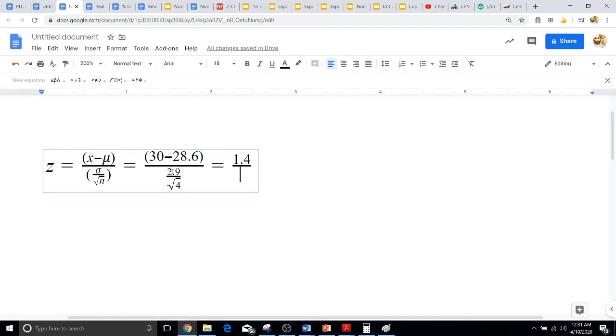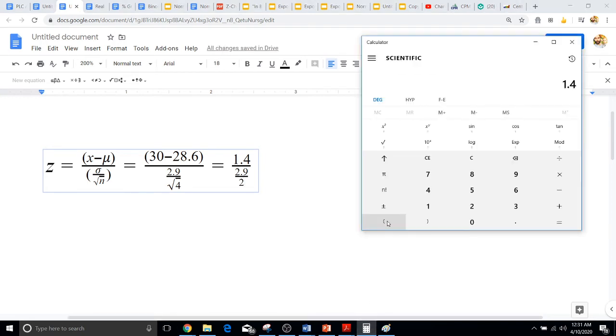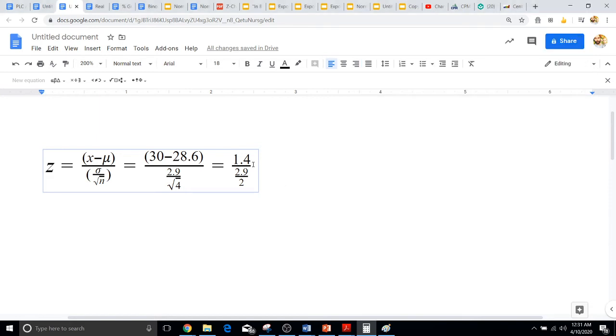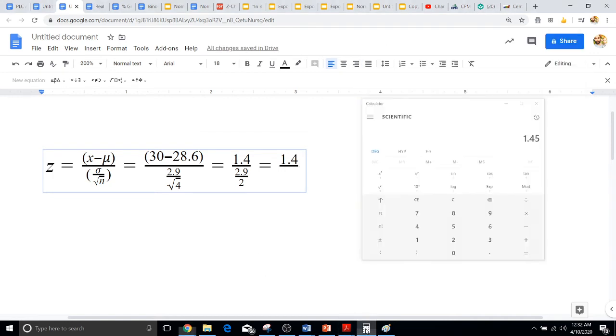Down below, we have 2.9 divided by the square root of 4. Well, we know the square root of 4 is 2. So we can say 2.9 divided by 2. Let's find out what 2.9 divided by 2 is. I got 1.45. So we can now continue this to be 1.4 divided by 1.45.